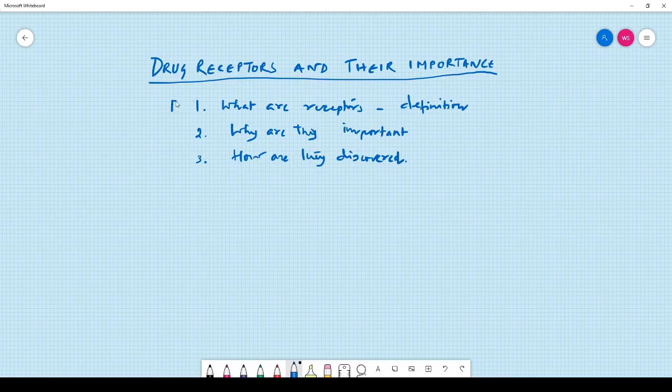So that is our learning objectives. We're going to look at what are receptors, why are they important, and how are they discovered.